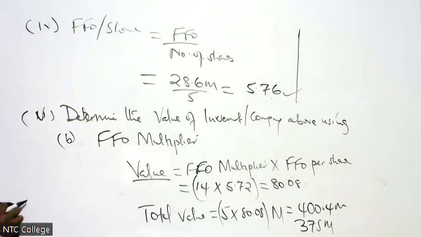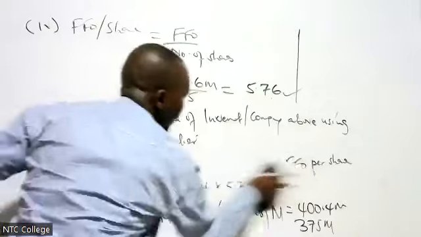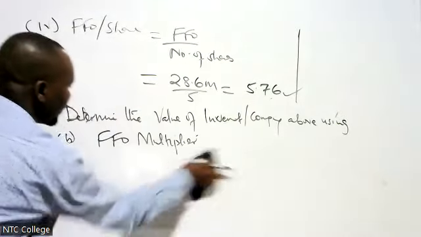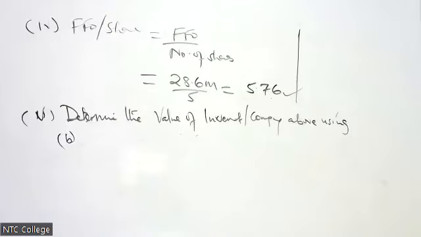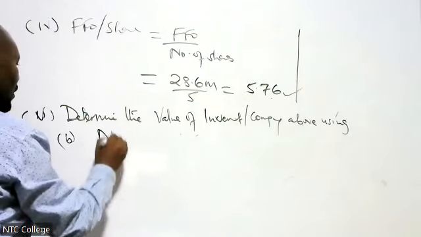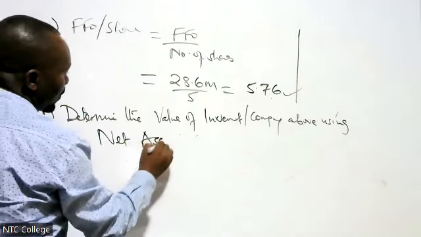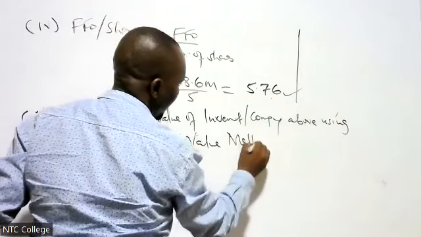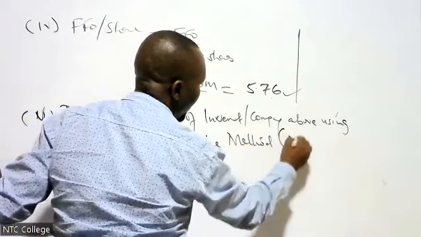The last question is to use net asset value method. Get the value of the company using net asset value method, which we call NAV.